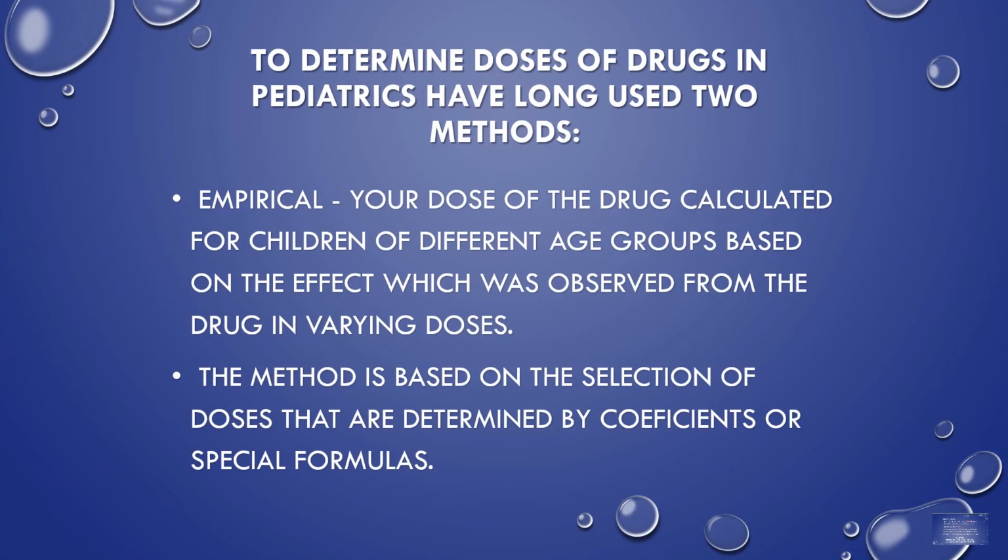To determine doses of drugs in pediatrics, two methods have long been used. Empirical, where the dose of the drug is calculated for children of different age groups based on the effect observed from the drug in varying doses. And the method based on the selection of those doses that are determined by coefficients of special formulas.